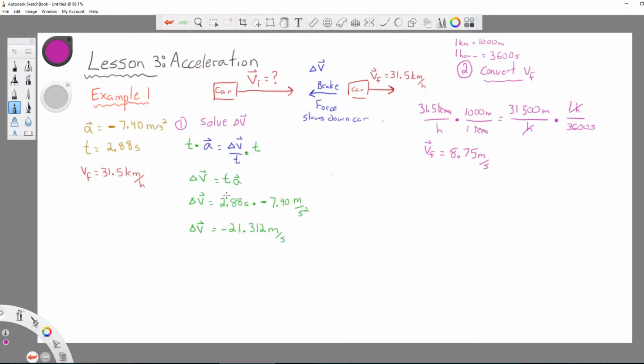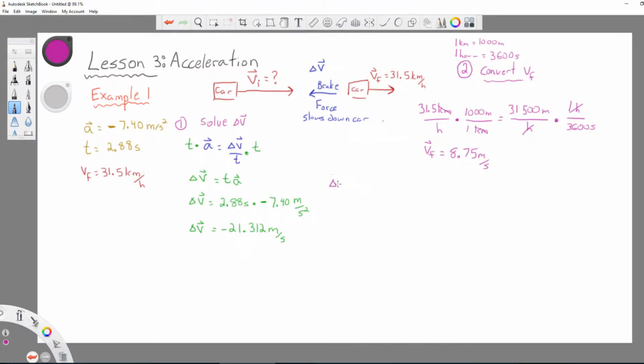We now have our change in velocity. We have our final velocity. All we really have to do is add this value on here, and we've got what we need. All right? So what's the change in velocity formula?